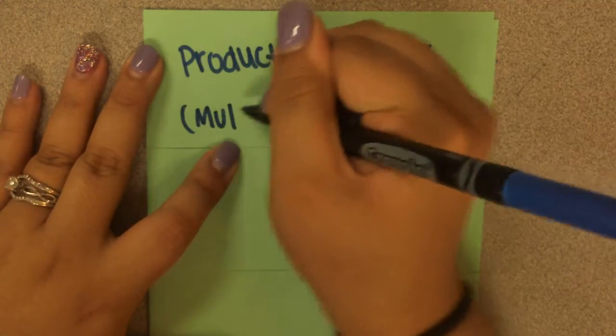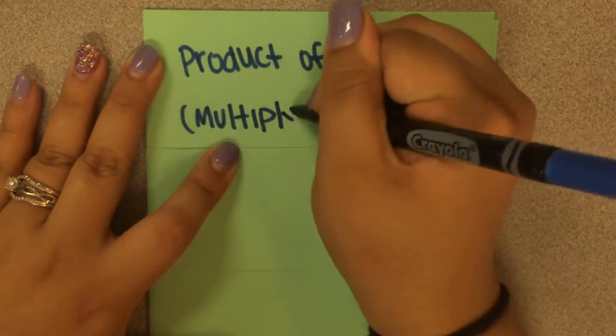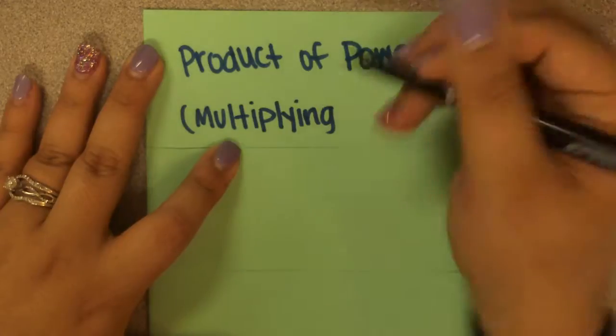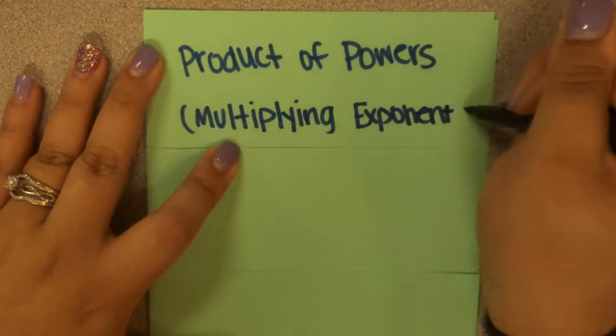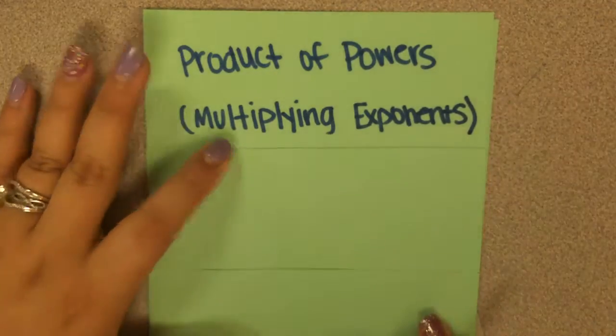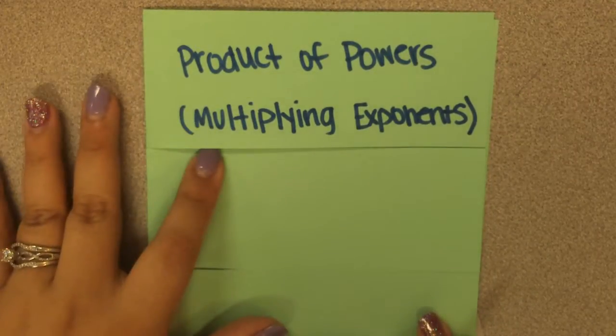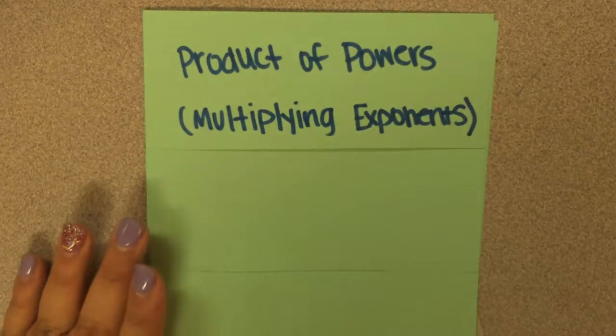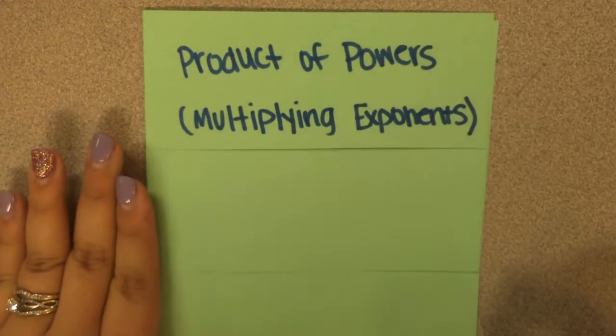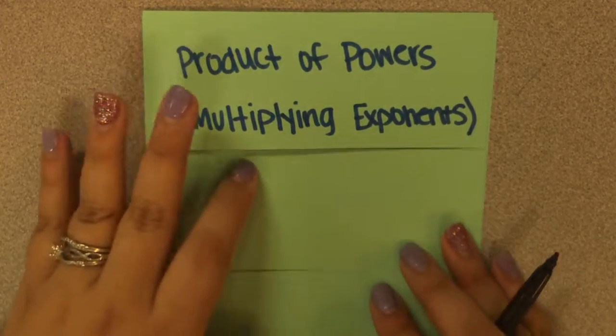So all this means is multiplying exponents. And again, if I go too fast at any time, just ask the sub to pause it, and we can pause so you can catch up writing.